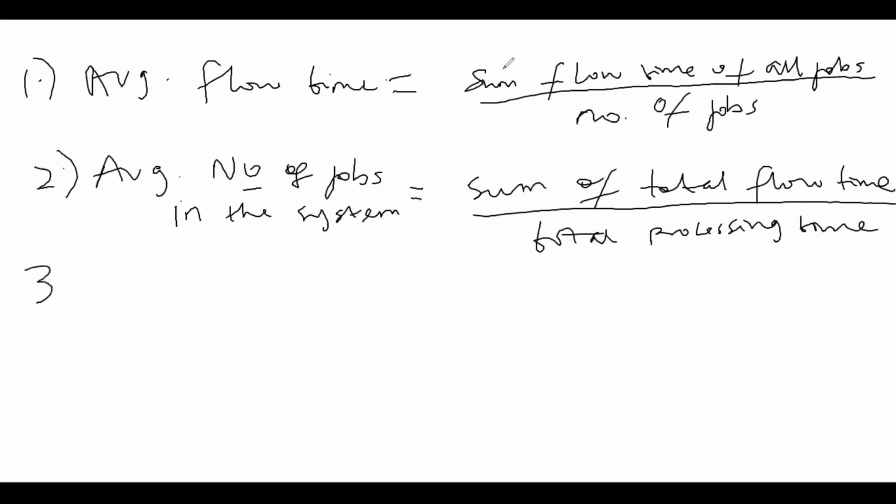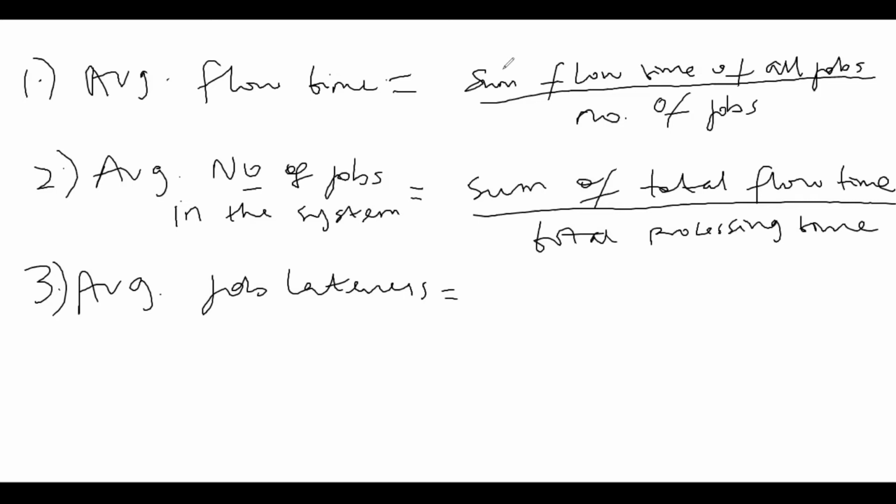And so number 3, the next important formula which you will be asked to calculate in the question is average job lateness. So what this deals with is per job. Let's say, what is the average lateness?